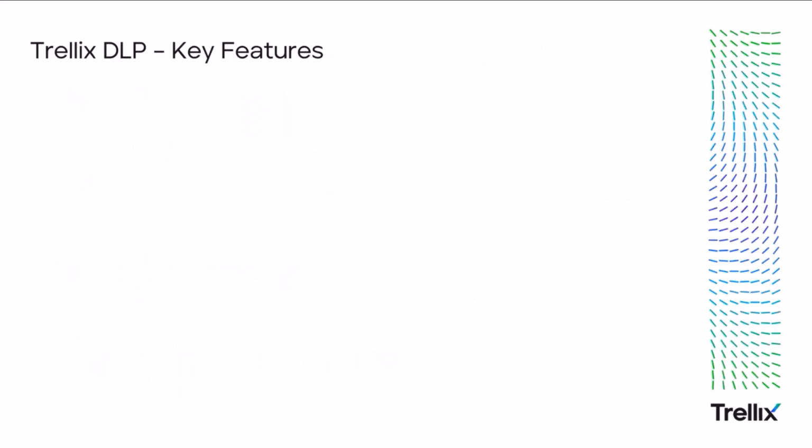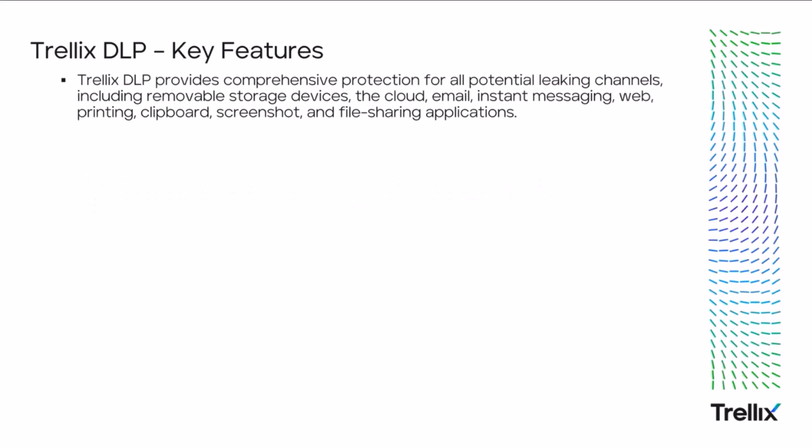Next, we can discuss the key features of DLP. We support protecting the data transfer through different mediums, such as removable storage devices, cloud, email, and others. We would be covering most of them where the users would be uploading the documents.